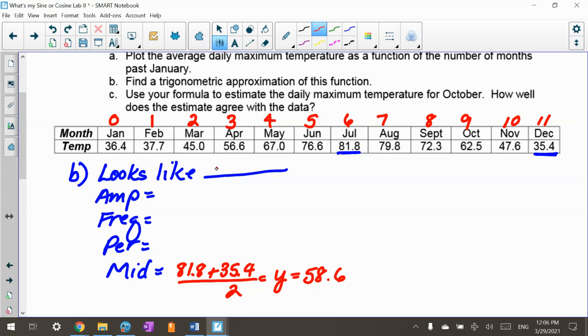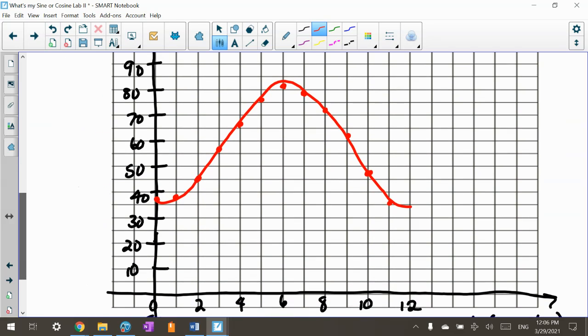Before I do any more, it looks like negative cosine. I'm going to graph 58.6. It would be in here somewhere, which does look like the middle. I always check that.